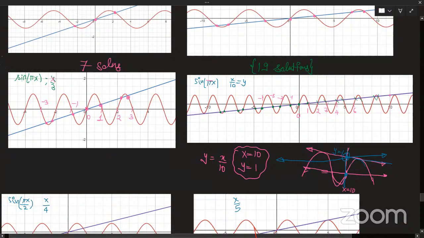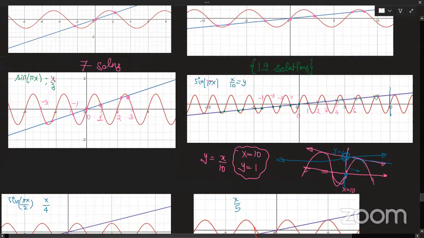So that means all the solutions that I can get, I will get to the left of this line, because to the right of this line, my line will go more than 1, and my sine cannot give a value more than 1. At this point my y coordinate is already equal to 1, and if I move to its right, my line will grow even further.